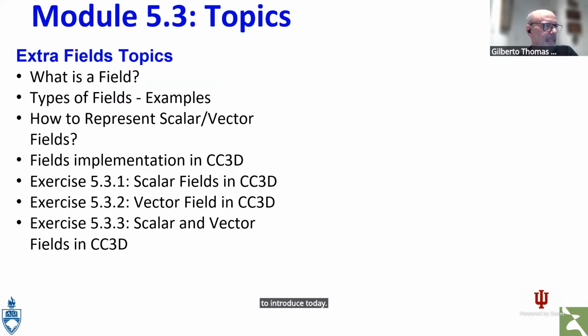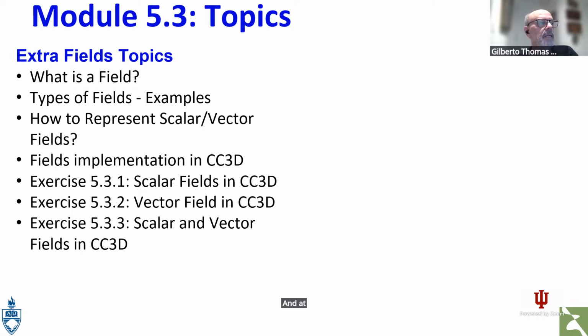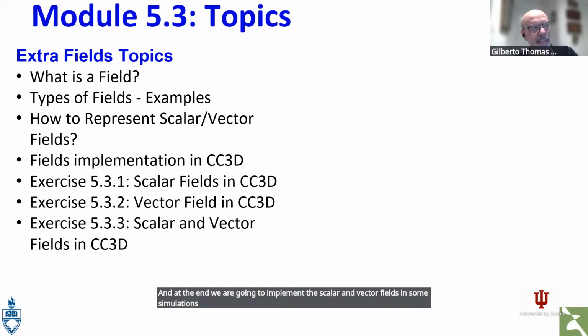We are going to talk a little bit about types of fields, give you some examples, and show you how to represent scalar and vector fields. And at the end, we are going to implement the scalar and vector fields in some simulations of CompuCell3D.